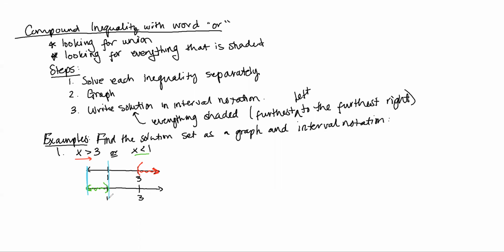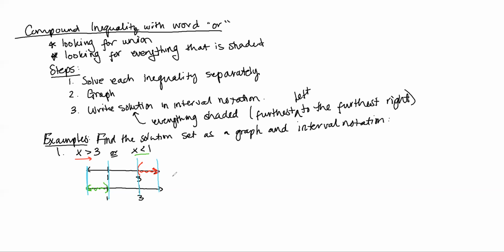So we're going to have this left part, this right part, and because it's the union, this means that our solution has to satisfy one or the other, not necessarily both. It might satisfy both, but it doesn't have to. So let's say we picked a number to the left of 1, let's say 0. 0 isn't greater than 3, but 0 is less than 1. So it satisfies one or the other. So you're going to have 2 different parts to our solution here.